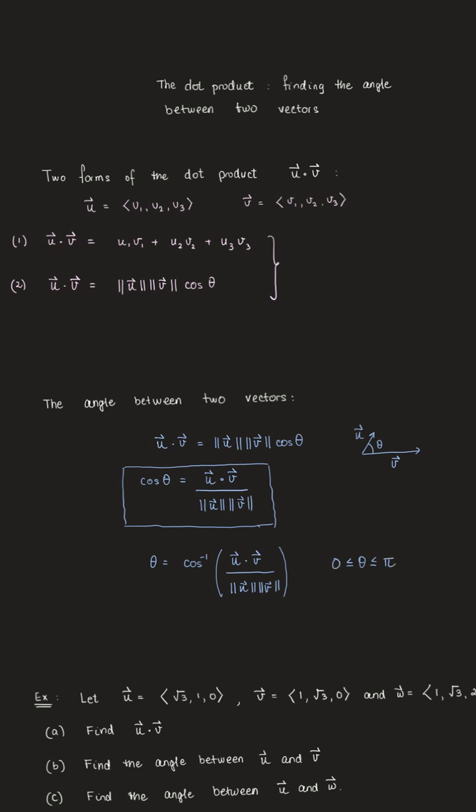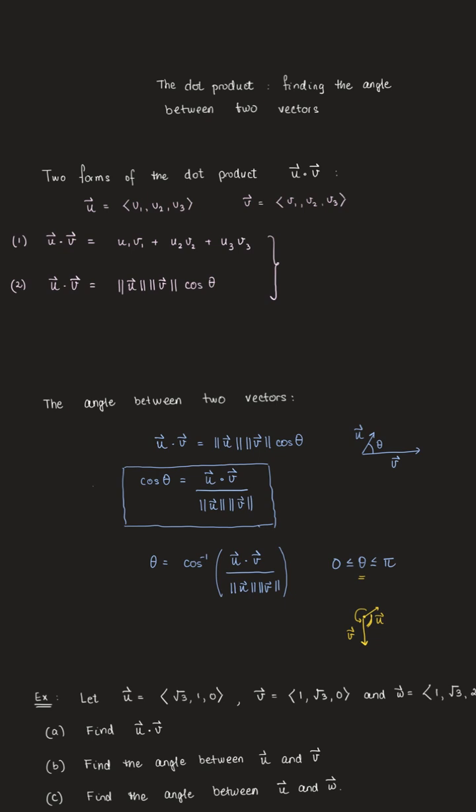So should the angle between the two vectors be bigger than pi, we take the smaller angle between the two vectors. Imagine that we have vector u here and vector v over here. We can think this is an angle bigger than 180, but instead of taking that as the angle between the two vectors, we take the smaller angle. So we always assume here that theta is between 0 and pi.